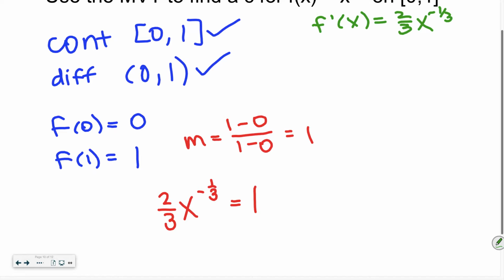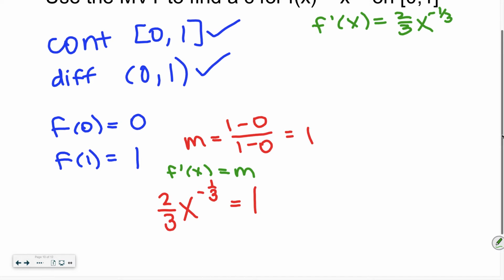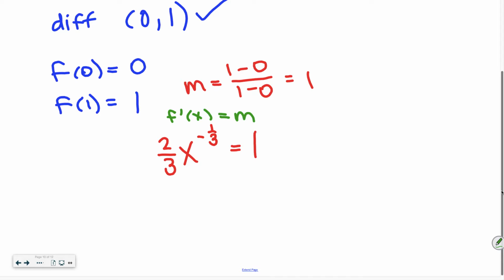I'll even put a little note here. Our derivative, we're going to set equal to the slope that we calculate. Okay? Now it's just a matter of algebra. Any thoughts on what you want to do to solve this? Okay. So x to the negative 1/3 would equal 3/2. Okay.